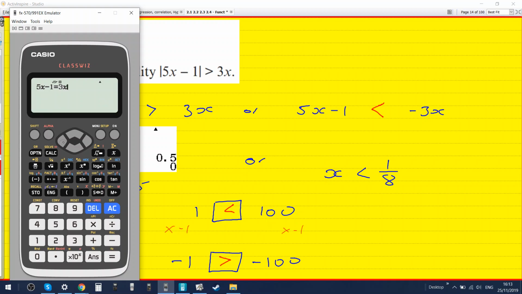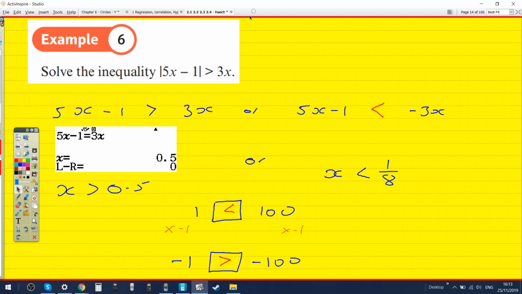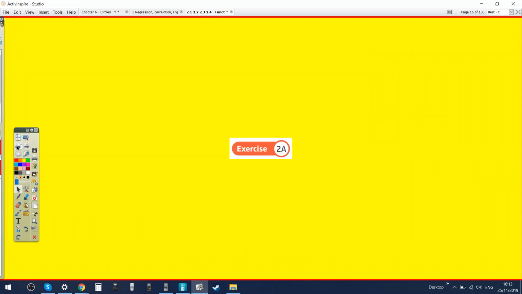I suppose I could, but I don't know which answer is which. Before it's just x equals 1/2 or x equals 1/8. Whereas with this one, I'd get 1/2 and 1/8, but I wouldn't know if it's greater than 1/2 or less than. So I just have to do the two separately, like I did without the modulus. Any questions there?